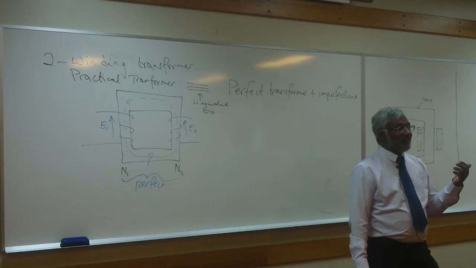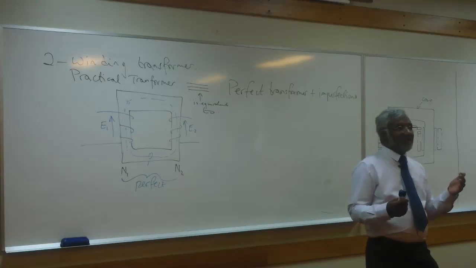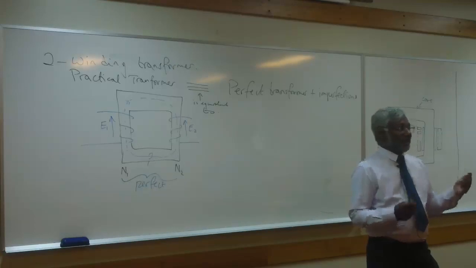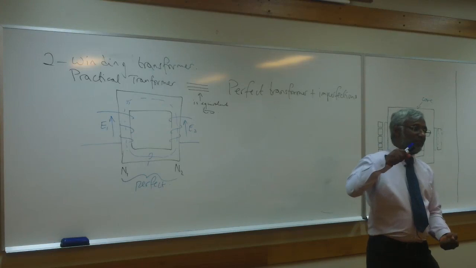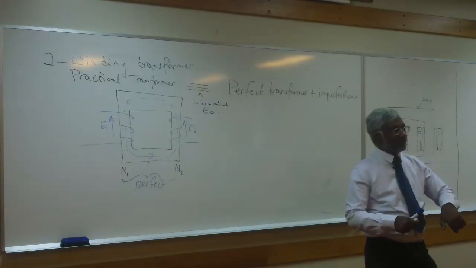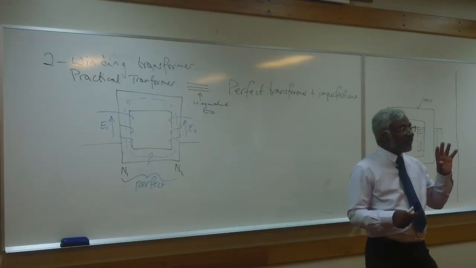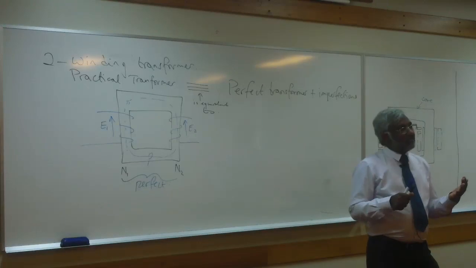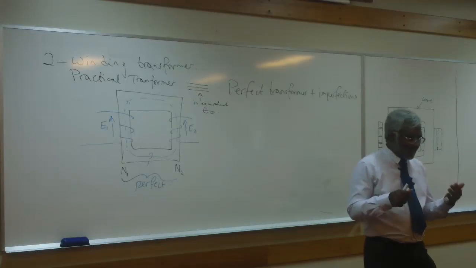You might say losses can be I squared R type losses, if you're dealing with a system where the loss will depend on current, and you got V squared divided by R type losses, where the loss depends more on the applied voltage rather than the current that's going through. So losses can depend on current going through, or it can depend on voltage you apply across, approximately. It's a good approximation, but it's still approximate.